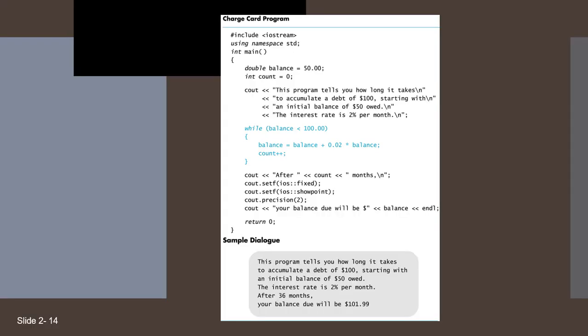Notice the count variable was set to 0 at the top. And then as we go through the loop, we add 1 every time we're allowed in and calculate a new balance. So when we're finished, this would tell us how many months it took for our $50 charge on the card to increase to $100 because we didn't pay anything off.